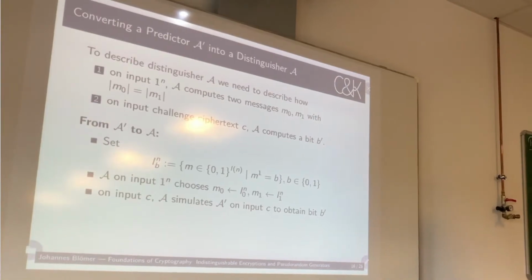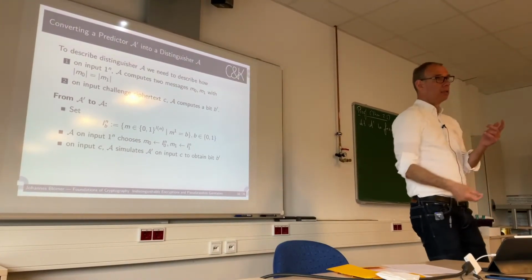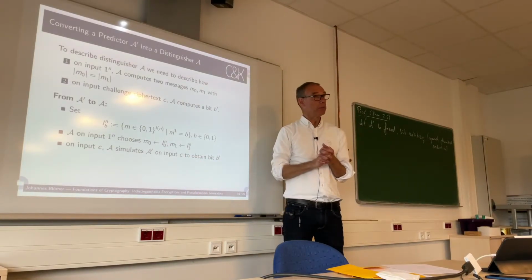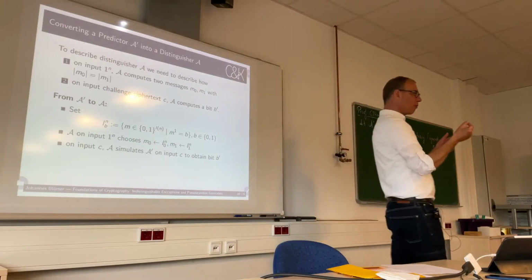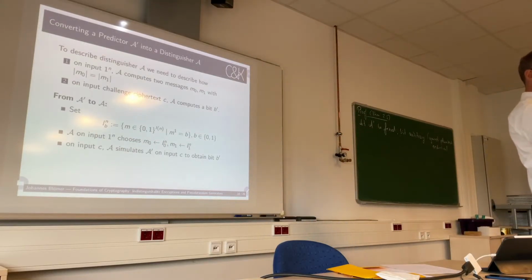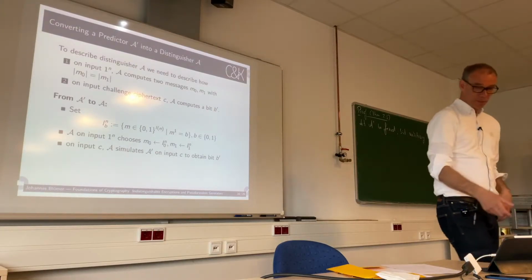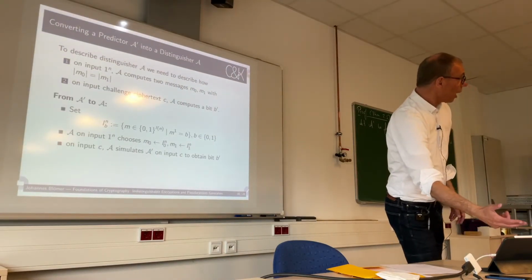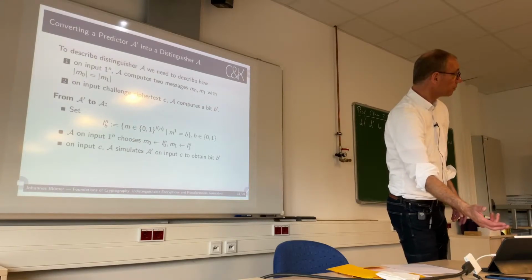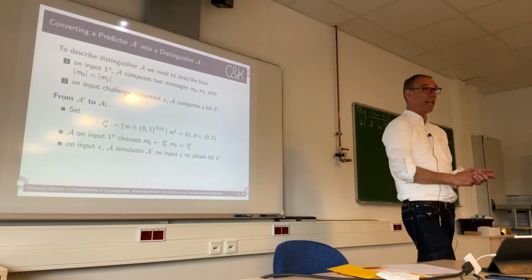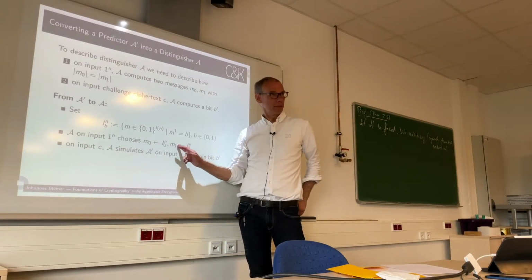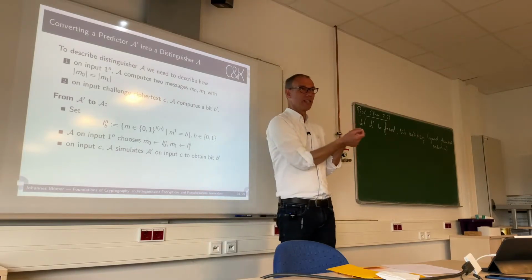I simulate A prime on input c to obtain a bit b prime. What does it think the first bit of the message is? And then, quite obviously, I output this bit that it outputs as well. This is my guess. You see that M0 has first bit 0 and M1 has first bit 1, so that's why this makes sense.